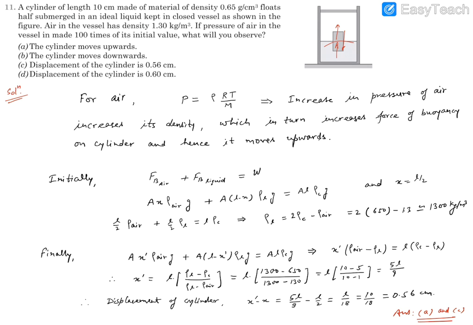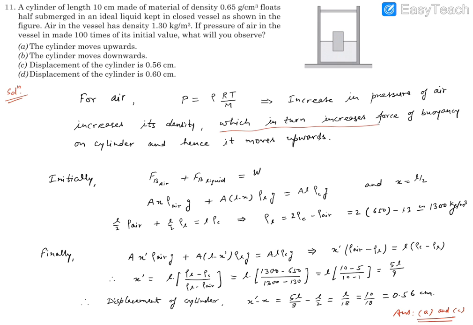Since the liquid is ideal, its density does not change, whereas the air now has more density, so the buoyancy of air will increase. Hence a net force comes vertically up, and the cylinder will move in the upward direction.